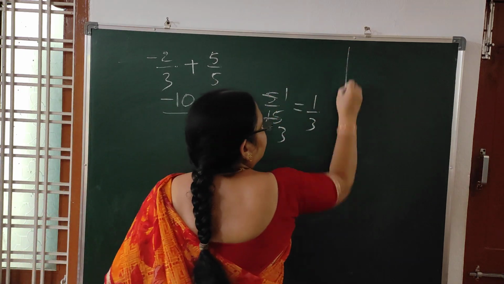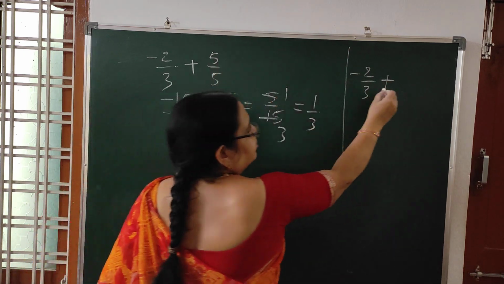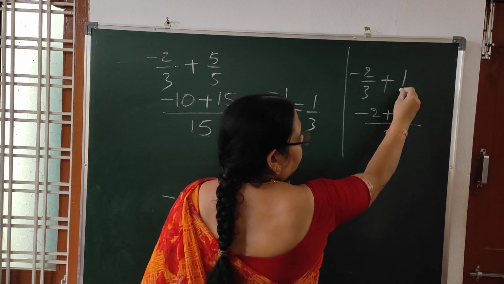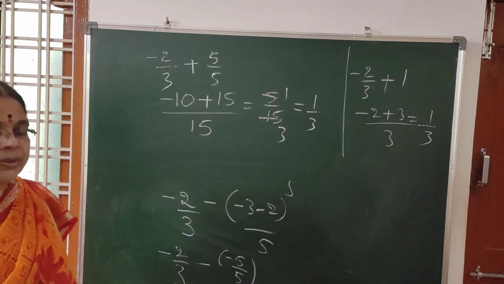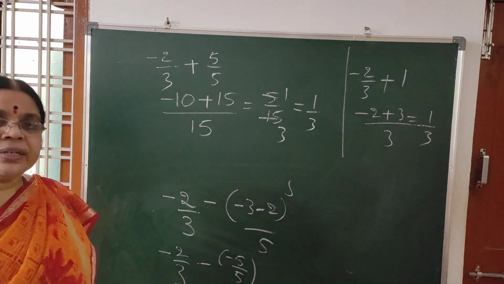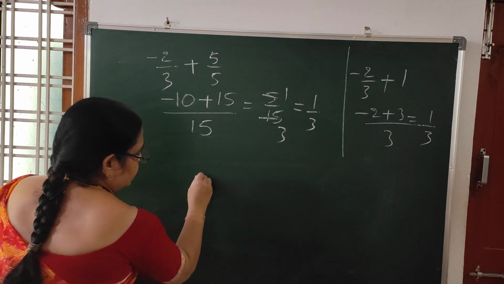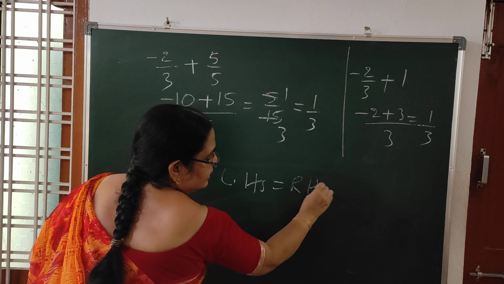Or you can do minus 2 by 3 plus 5 by 5 taken as 1, 3 is LCM, minus 2 plus 3 is 1 by 3. Directly you will get 1 by 3. RHS is given as 1 by 3. Therefore, LHS is equal to RHS.